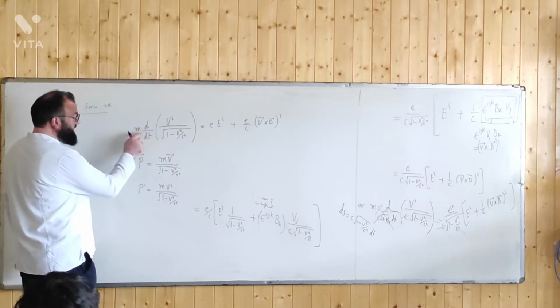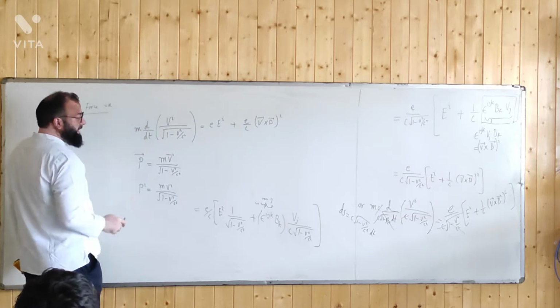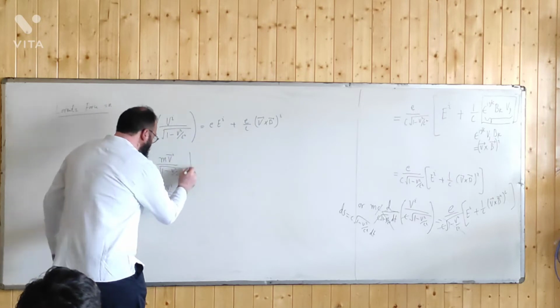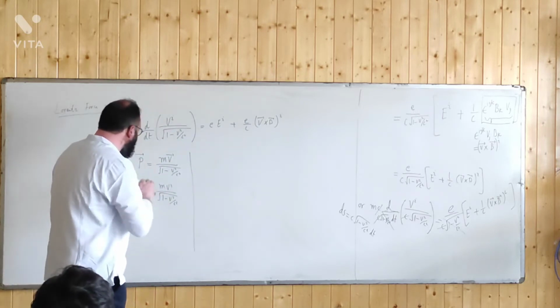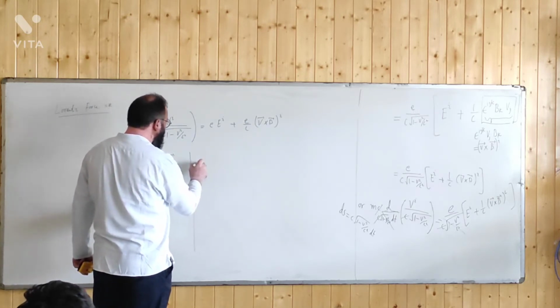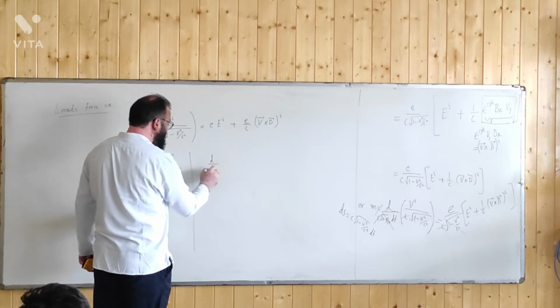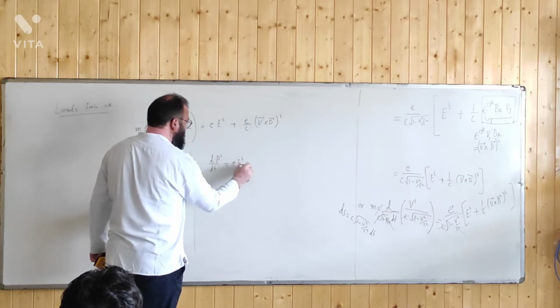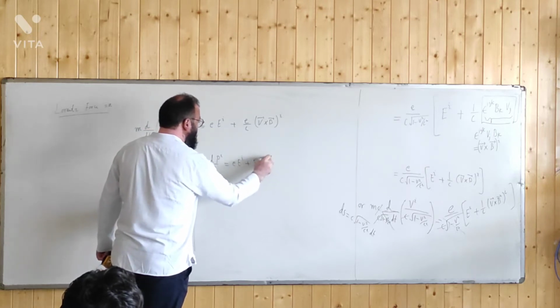What is this object again? It's d by dt of p_i. So therefore we have d by dt of p_i equal to e times (E_i plus e by c v cross B).